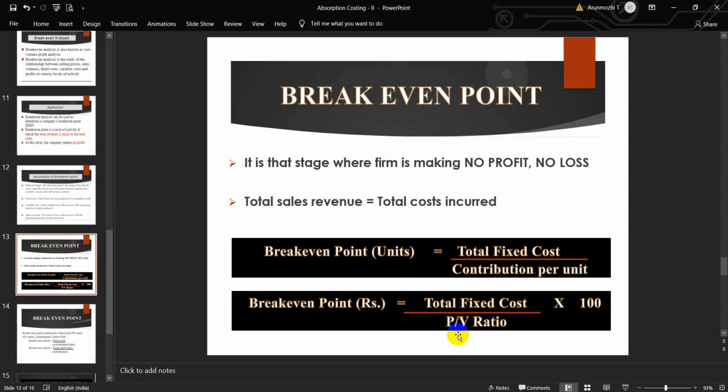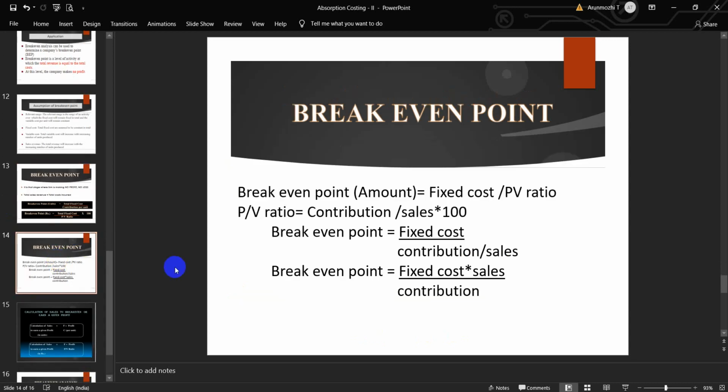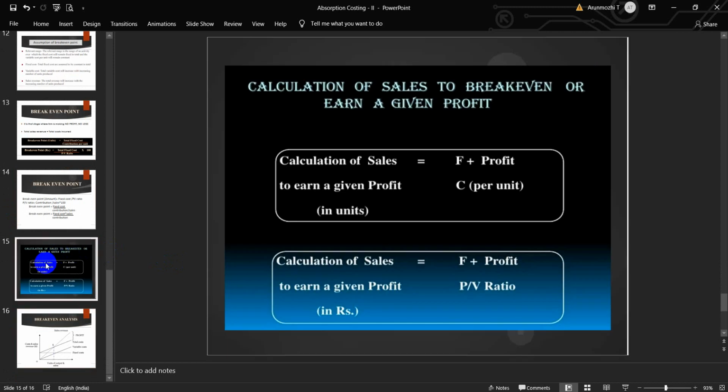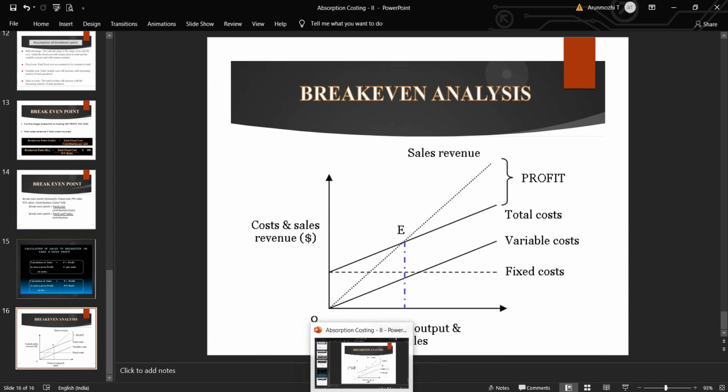As I have told you, it is a stage where the firm is making no profit, no loss, or total sales revenue is equal to total cost incurred. Calculation of sales to break even or earn a given profit. This formula applies. Lastly, we pass on to the break-even analysis chart.